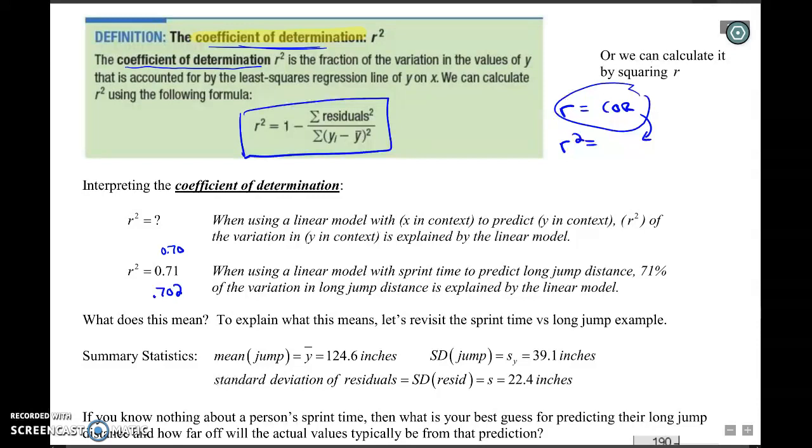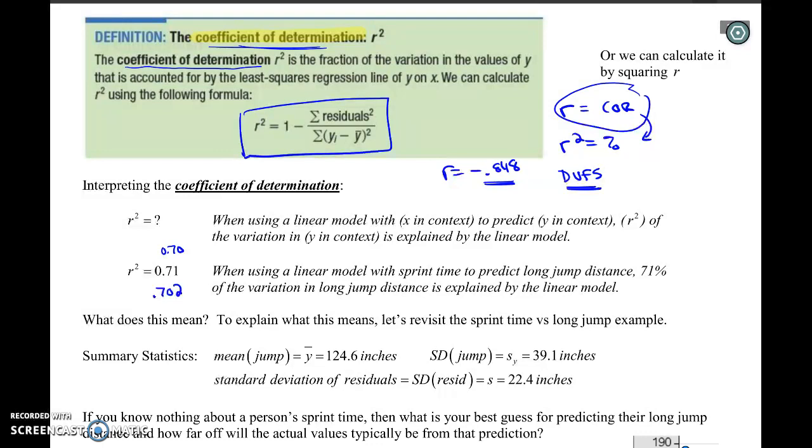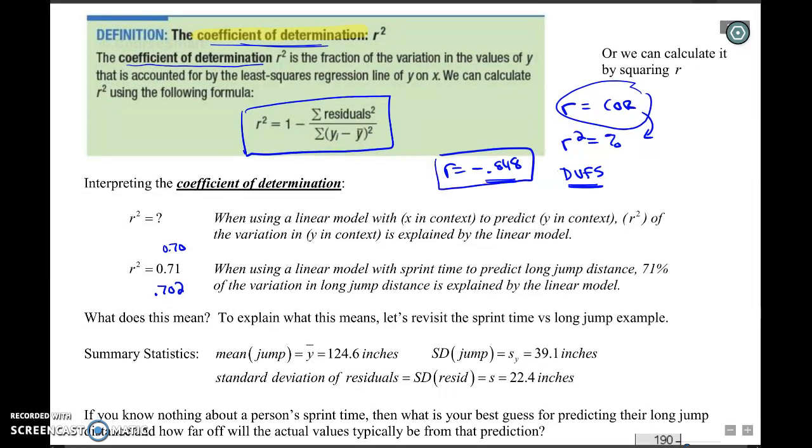So what does that mean? Well, this can be interpreted as a percentage. If you remember, when our R value is negative 0.848, that doesn't really have any meaning other than describing the strength of the association, the direction, and the fact that it's linear. So we never interpreted that actual number before.